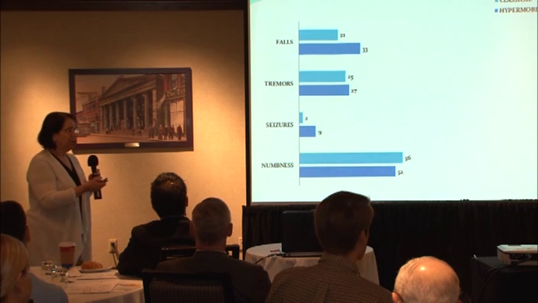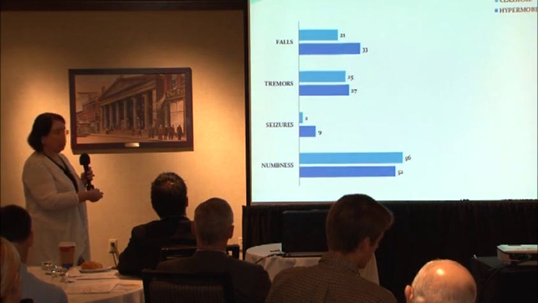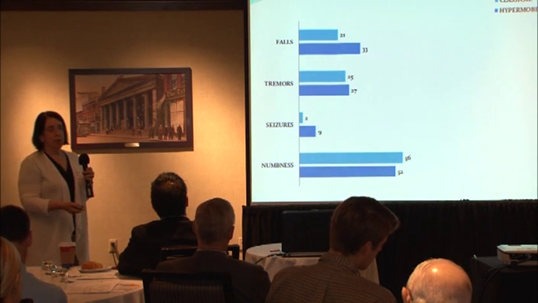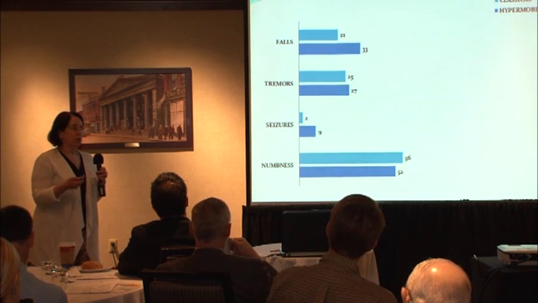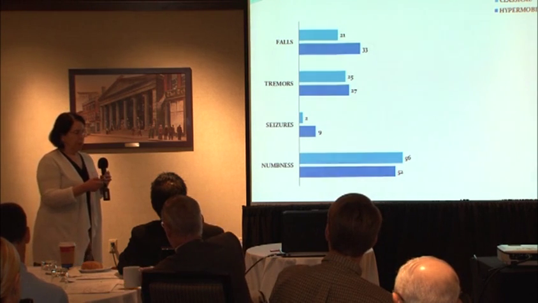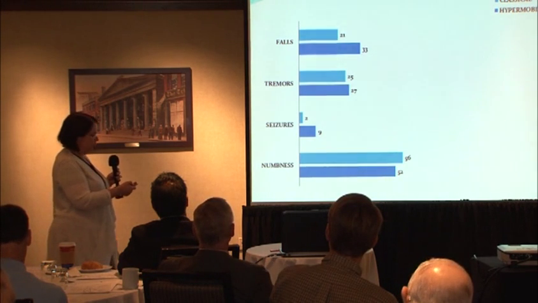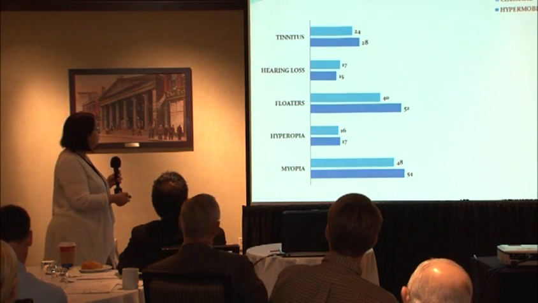Dr. Henderson, you may comment further on that a little later. And numbness due to nerve compression, either because of unstable joints, disc disease, instability in the spine, and so on. So there are many, many reasons for these multiple neurologic symptoms.